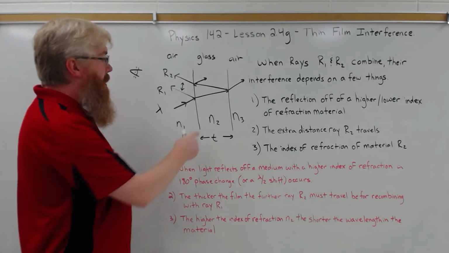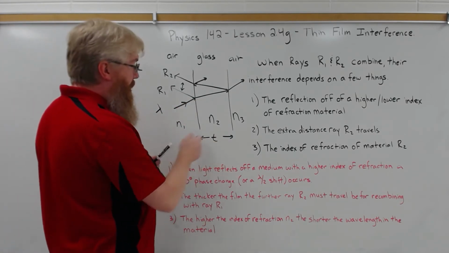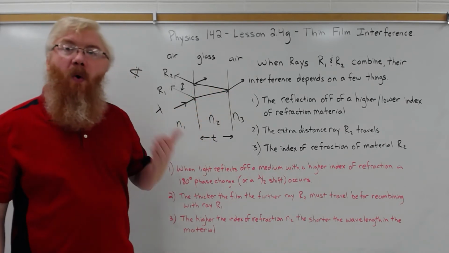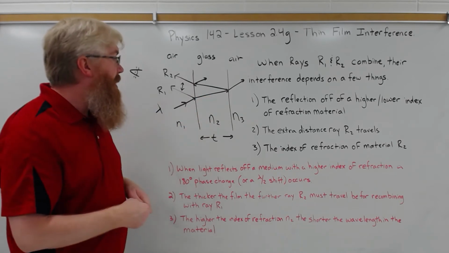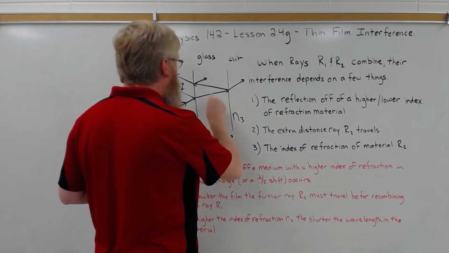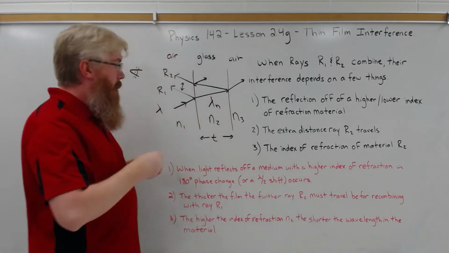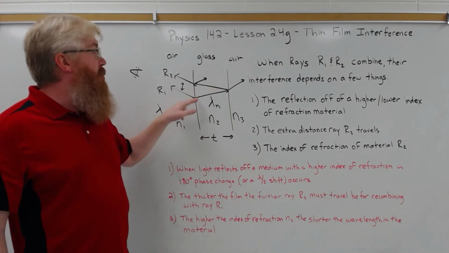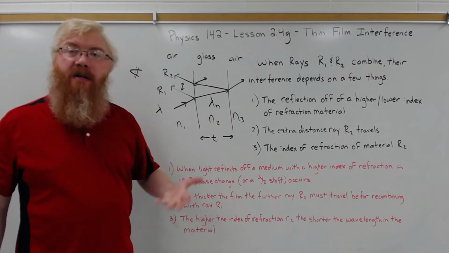For instance, if twice the thickness, because it has to travel through the thickness and back, is equal to one wavelength of light in the material, which is lambda sub n, the wavelength of light in that material, then you'll get constructive interference.